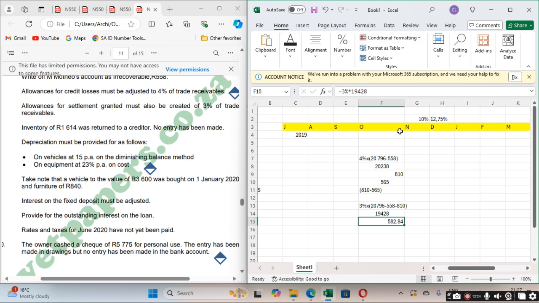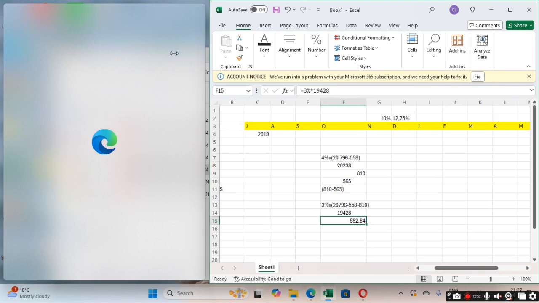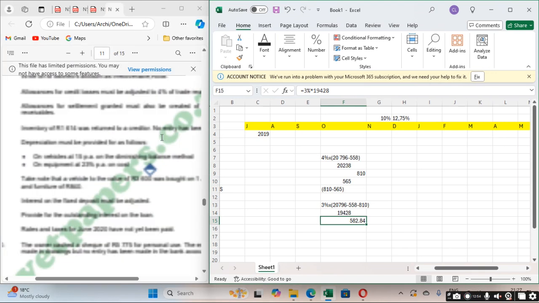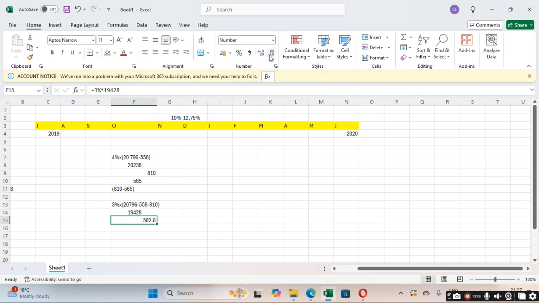Then the decimals. So remember, our answer needs to be a whole number.